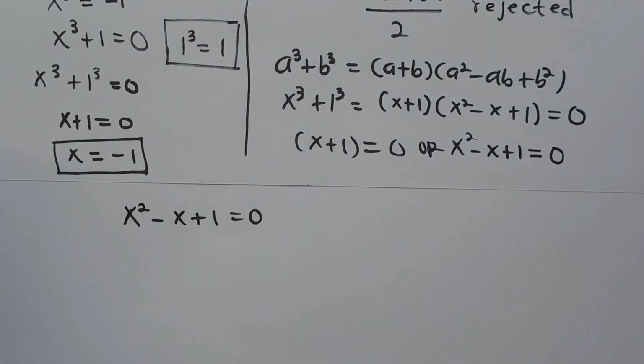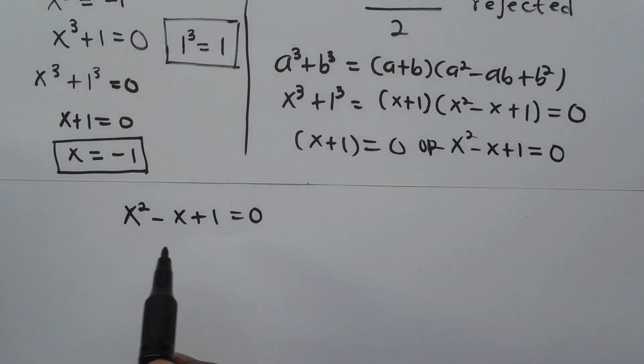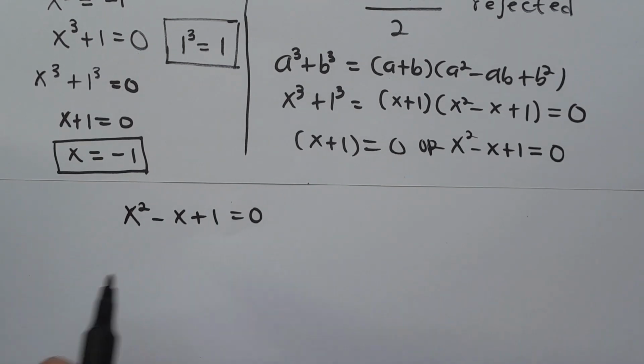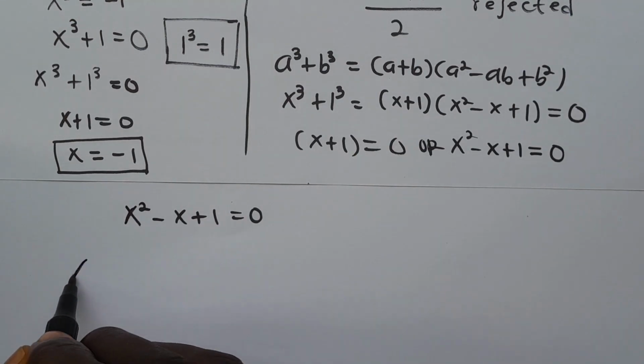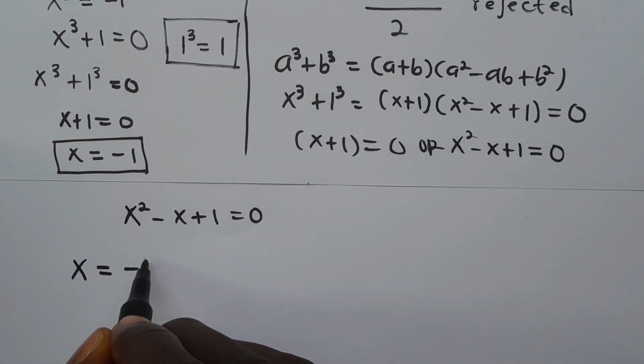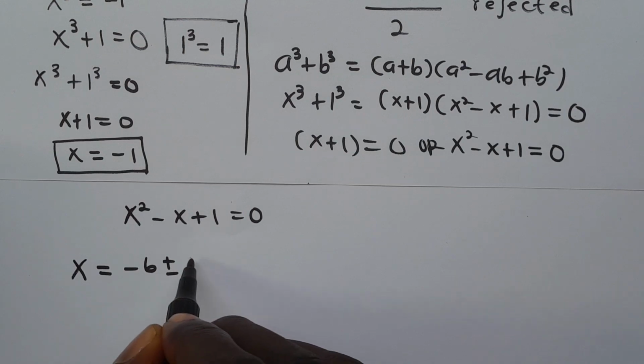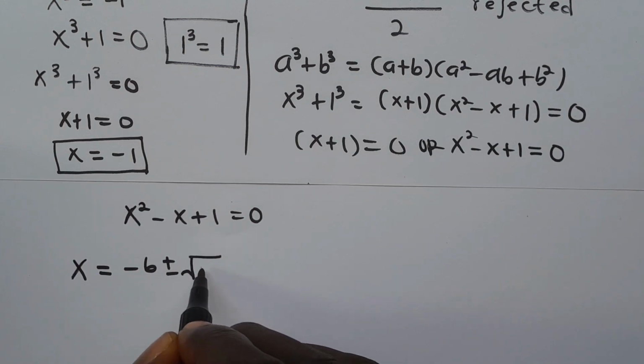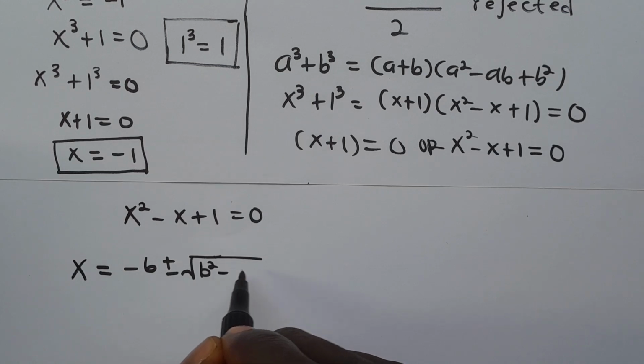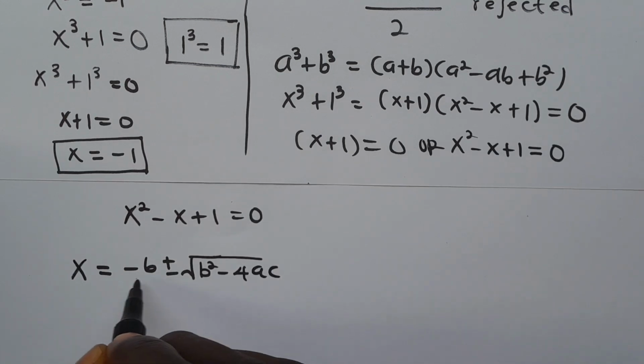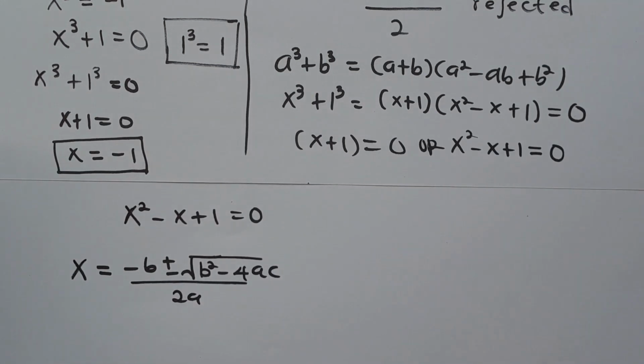Using the general expression x equals minus b, positive or negative, square root of b squared minus 4ac divided by 2a.